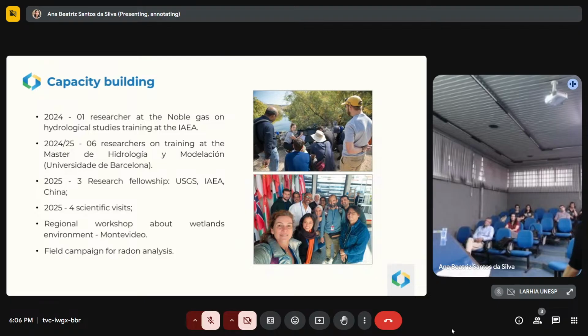About capacity building, within these last 2 years, we had some researchers at the agency being trained both on noble gas applications, but also hydrochemistry, modeling, and these on-site equipments.